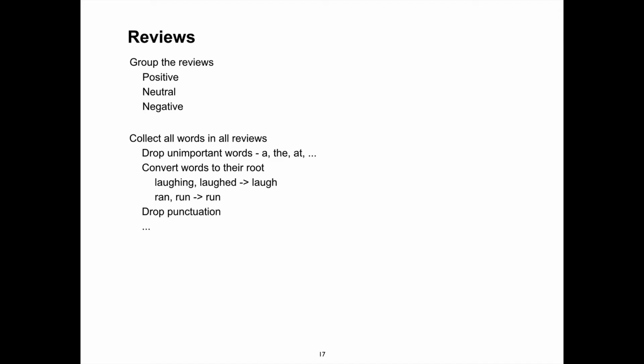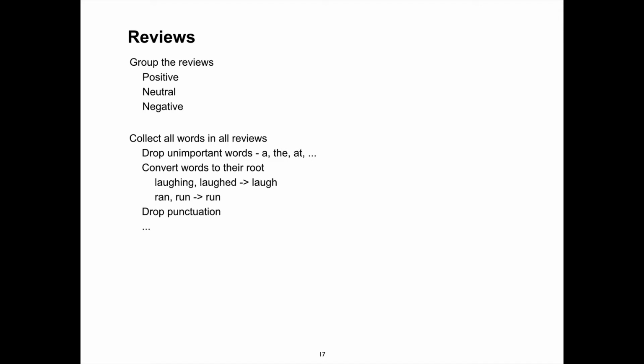What do we do about these words which are variants of the same word, right? Laughing, laughed, laugh. Should we count them as the same word, or should we count them as 3 different words? So some systems will actually allow you to take, they have a huge dictionary, right?